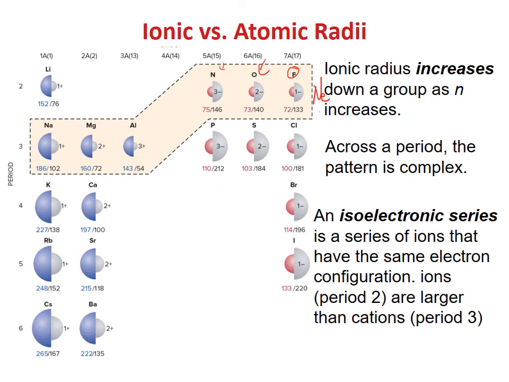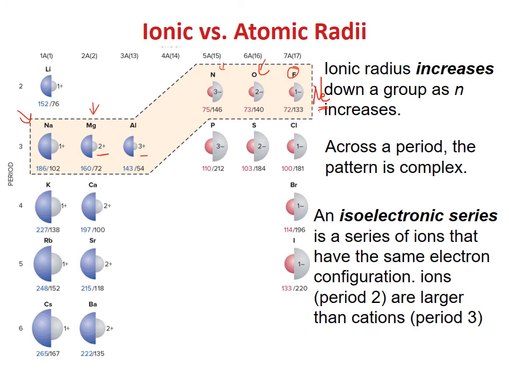Nitrogen gains 3 electrons to become isoelectronic with neon. Sodium has 1 more electron, so it loses an electron, and sodium cation is isoelectronic with neon. Similarly, magnesium 2+, aluminum 3+, these are all isoelectronic with neon.